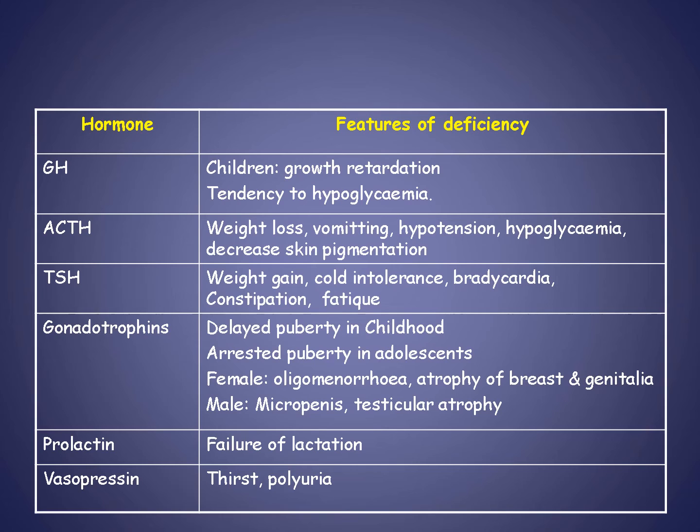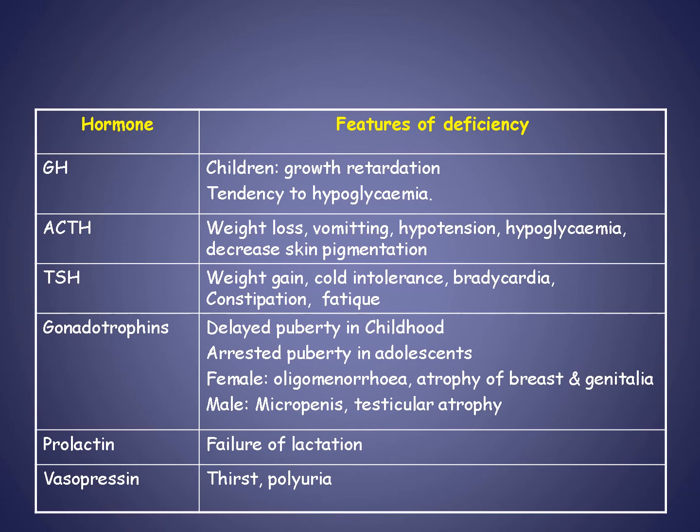Now here we have some anterior pituitary hormones with defective release and the clinical pictures related to these hormonal defects. You already know the growth hormone deficiency manifestation in cases of short stature, presented by growth retardation and a tendency to have hypoglycemia. In case of ACTH deficiency, you will have Addison disease presented by weight loss, vomiting, hypotension, hypoglycemia, and decreased skin pigmentation.